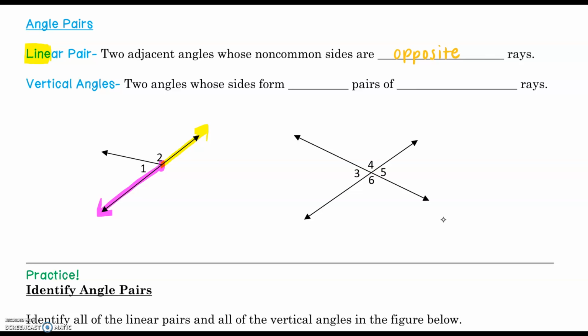So that's where they get the word linear from, linear pair. The non-common sides are opposite rays, which forms a line. So angles 1 and 2 together are a linear pair because their non-common sides are opposite rays and form a line.